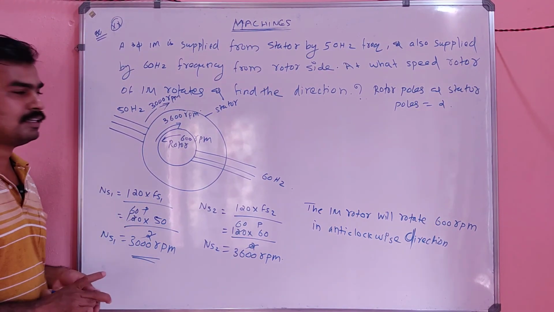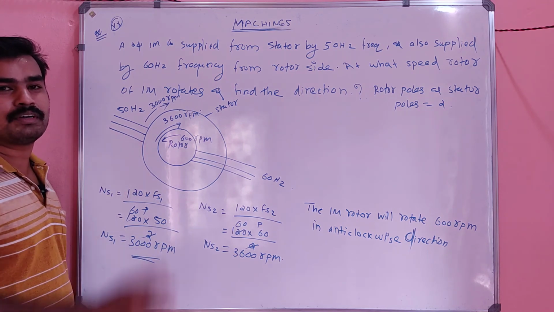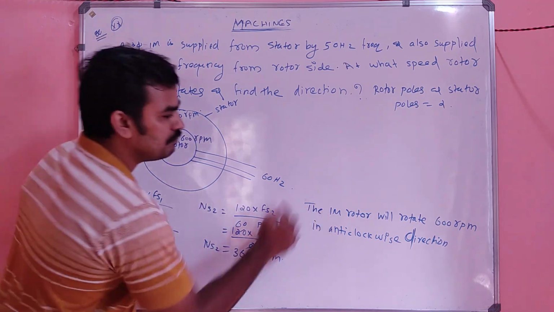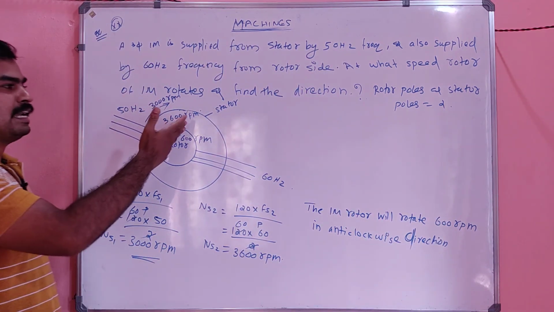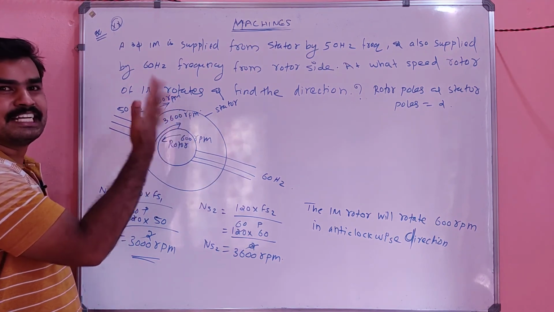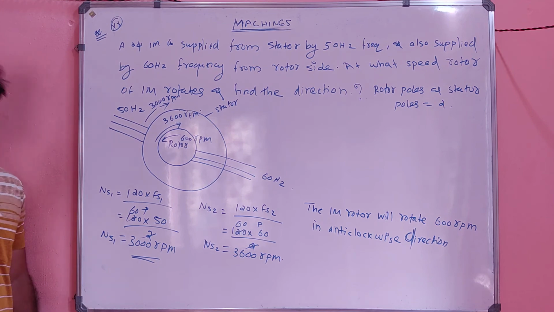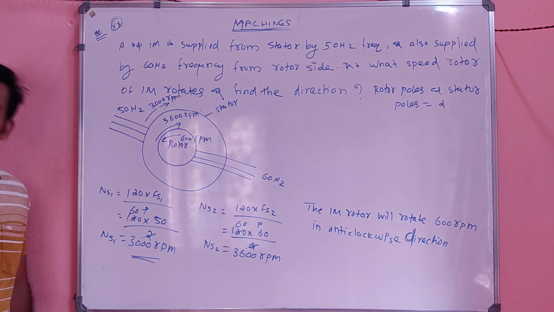I'm sure these concepts will not be in any book. They will simply give the formulas and the final answer. They won't say the direction, they won't say the reason, they won't say the Faraday's law effect and all. Is it clear?